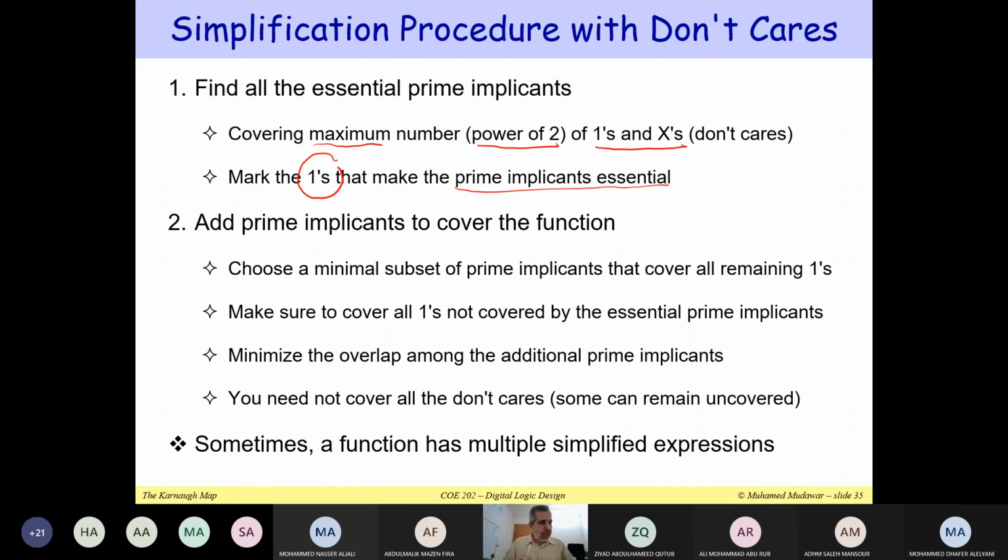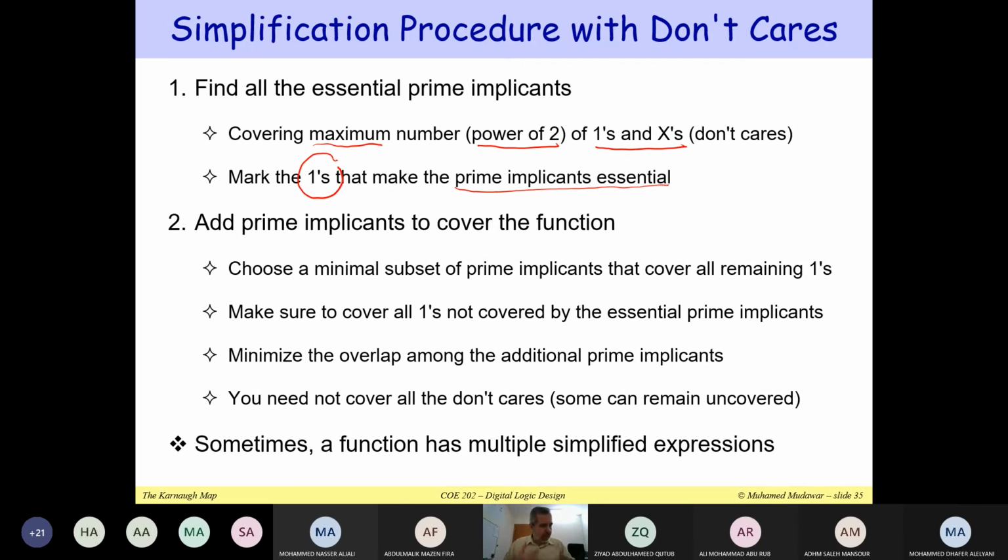And what makes it essential is that it has to cover a 1, a minterm, which is not covered by any other prime implicant. Step number 2: if you have covered all the ones with the essential prime implicants, you are done with step number 1. But sometimes you need step number 2 if you still have some minterms which are not covered by the essential prime implicants. You have to add prime implicants to cover the function.